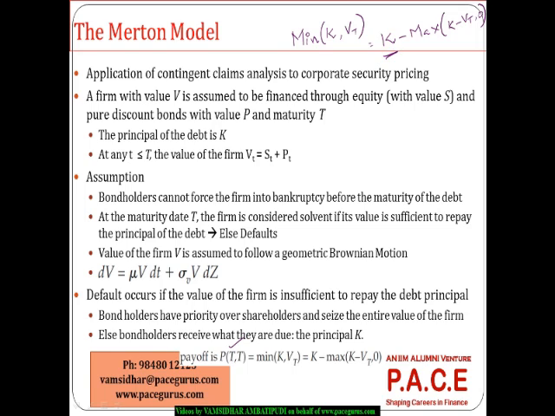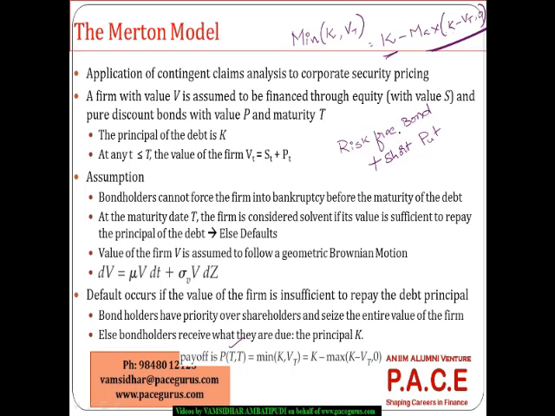K is nothing but the risk-free bond, because K is the principal on the bond. So I am going to get that bond minus, meaning I am taking a short position, max of K minus Vt comma 0, strike price minus the market price. So this is what we are calling a put option.